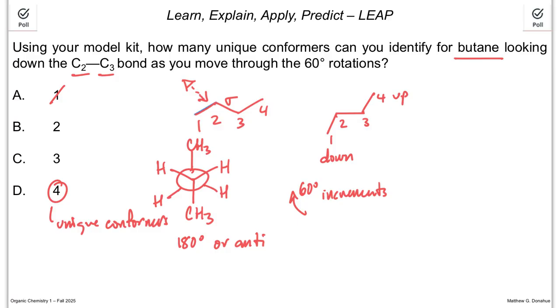How do you define the relationship between those two substituents? So with butane, we now have 4 conformers. And each of them is going to have its own unique strain associated with it.